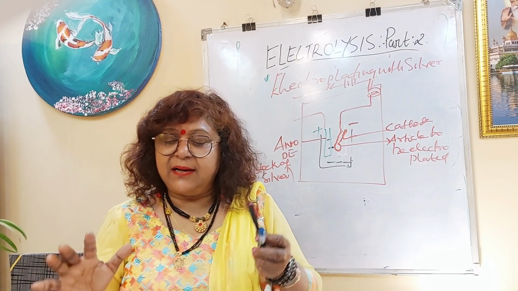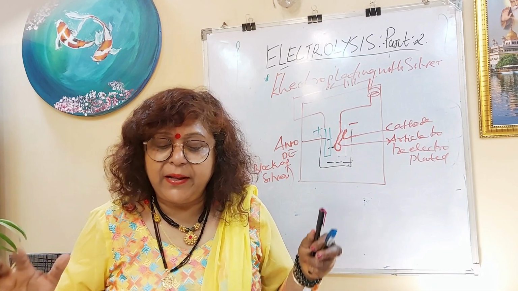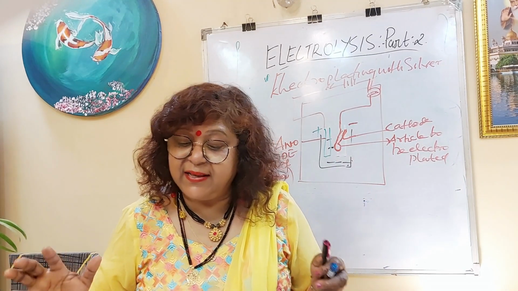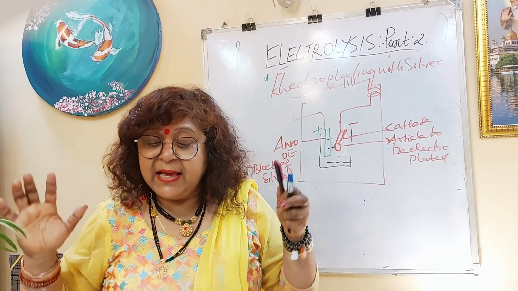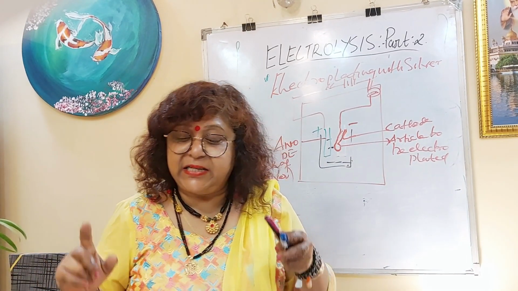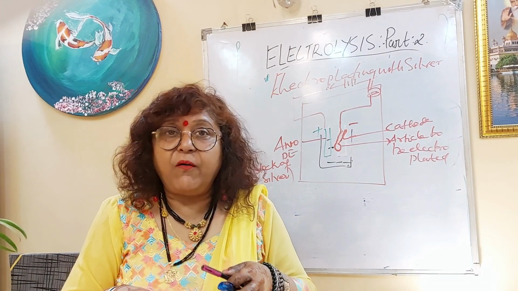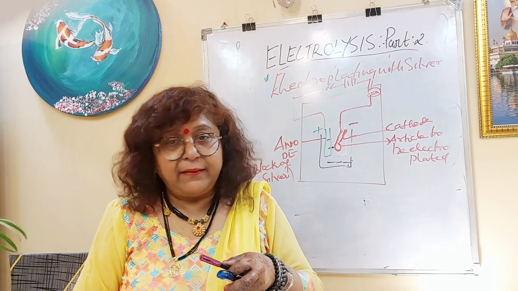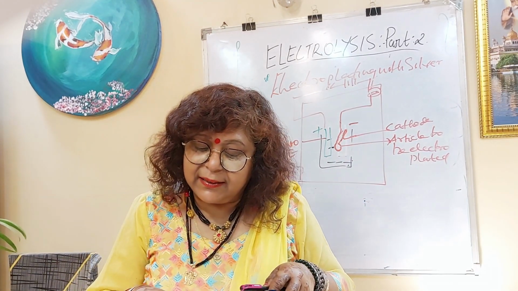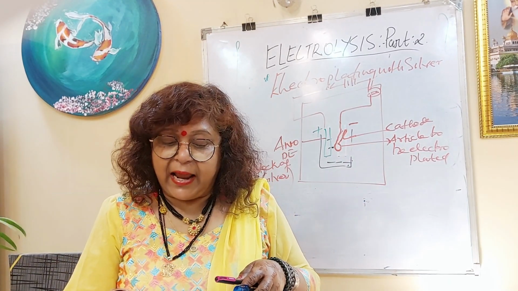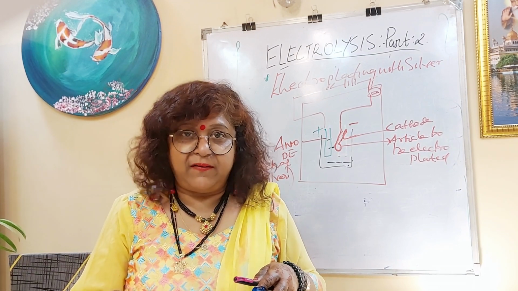So the electrolyte over here is sodium argentocyanide, Na[Ag(CN)2]. Now, what is the cathode here? The clean brass spoon, as I told you. What is the anode here? The anode is the active electrode, a plate or block of silver metal, right?